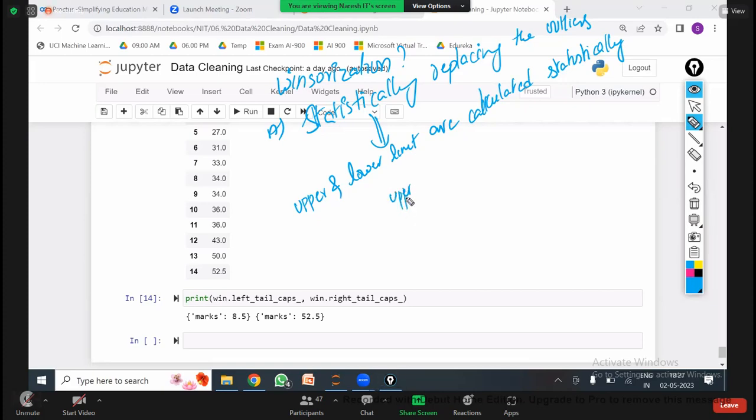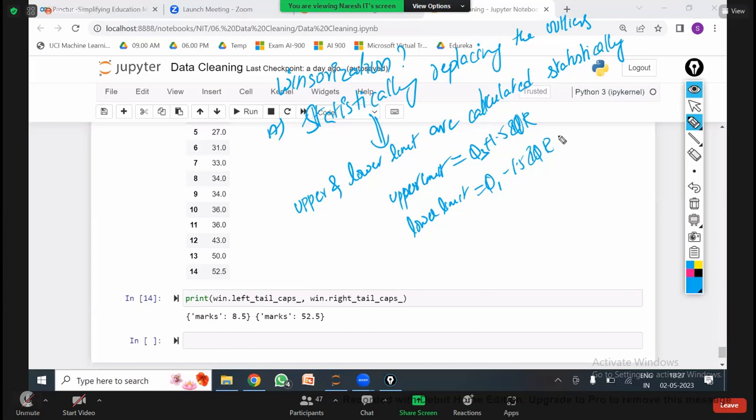The upper limit is Q3 plus 1.5 into IQR, whereas the lower limit is Q1 minus 1.5 into IQR. So we are just replacing any value more than the upper limit with the upper limit, and any value less than the lower limit will be replaced with the lower limit.